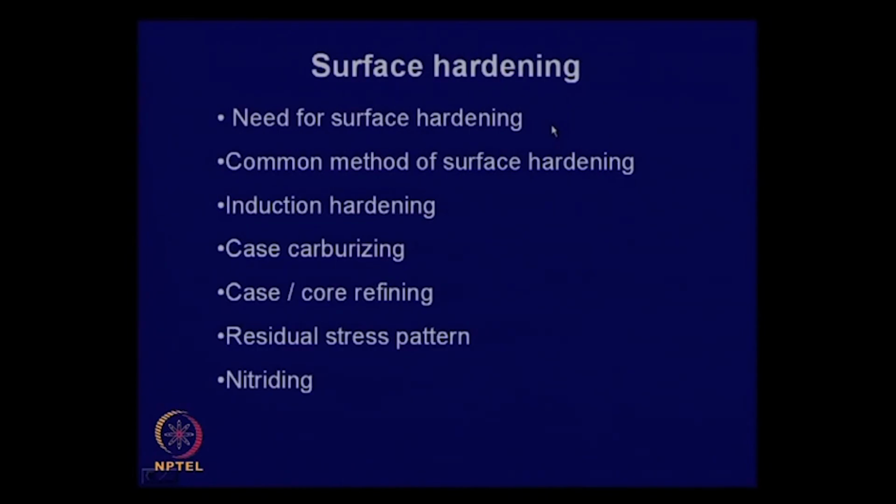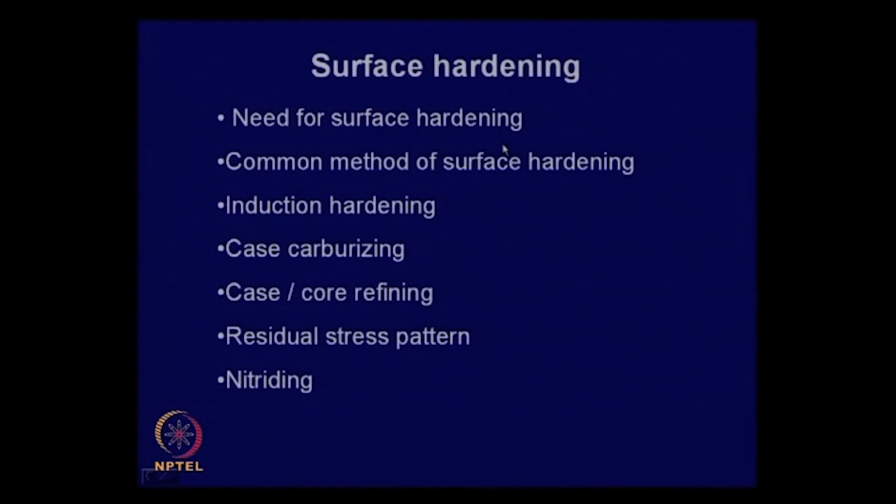If we want to harden it, often it is not possible to get uniform properties from the surface to the core because of the limitation of the cooling rate that we adopt. Even if we quench, if the dimension is large, the core may cool very slowly depending on the dimension of the job.